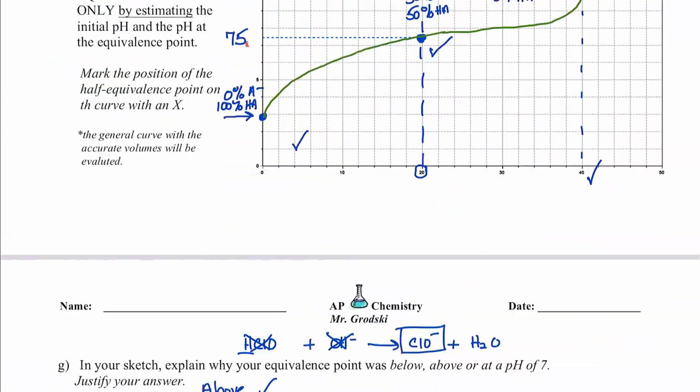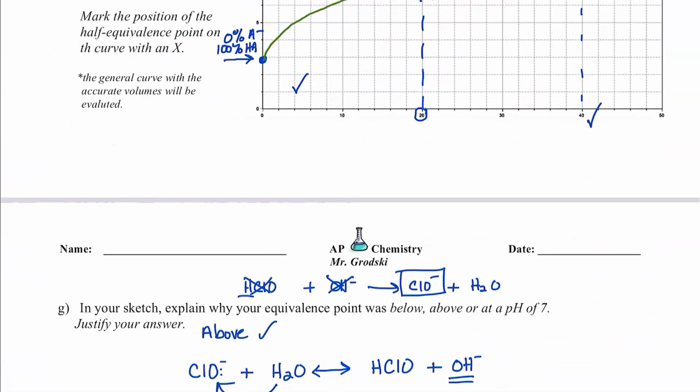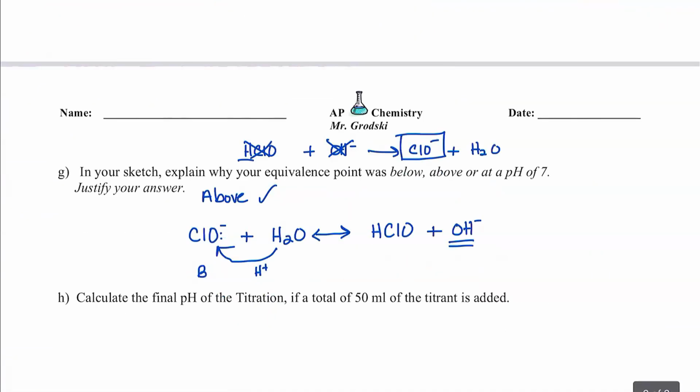Okay? So knowing that we forced it all to become the conjugate base, well, the conjugate base in water is going to go forward a little bit based on its Kb, and it's going to make some hydroxides. And of course, these hydroxides will do what? Increase the pH. It's not good enough to say the pH increases because I added base.